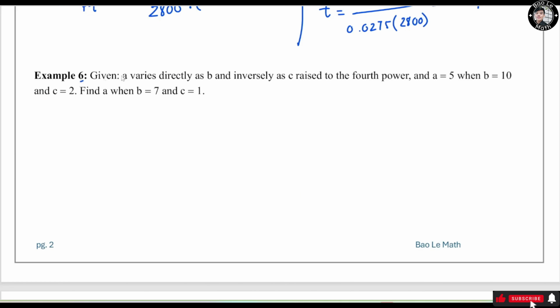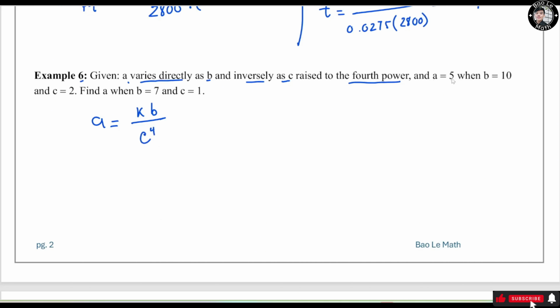Example number 6. Given A varies directly as B and inversely as C raised to the 4th power. So we have A equals K times B divided by C to the 4.